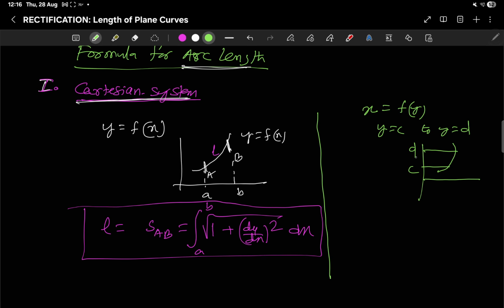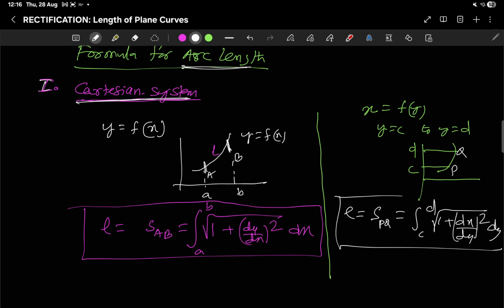This is my c, this is my d. Then what is the formula here? This is my P and this is my Q. So the length of this arc in between P and Q will be the integral from c to d of the square root of 1 plus (dx/dy) squared, dy. In that way we can apply the formula for the length of the arc.